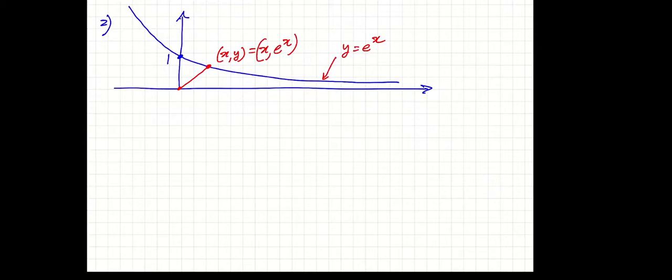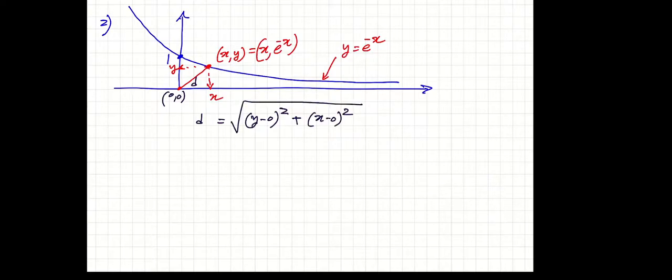The function is y is equal to e^x. So if you take this coordinate to be x, then this coordinate to be y, then y is replaced by the function given, right? Because y is equal to e^x is already given. So you need to find this distance over here. That distance is the square root of y minus 0, because this is the 0, 0 point, squared plus x minus 0 squared.